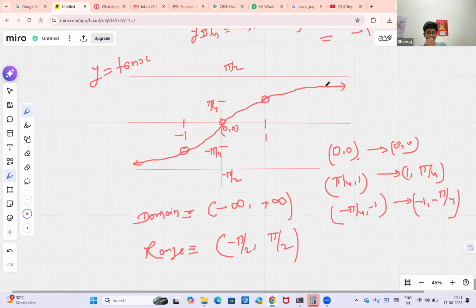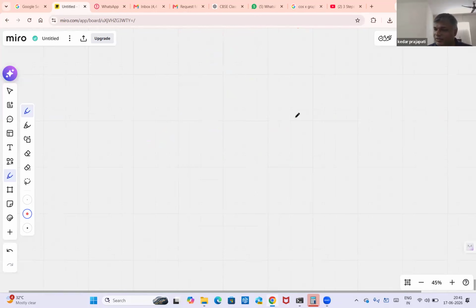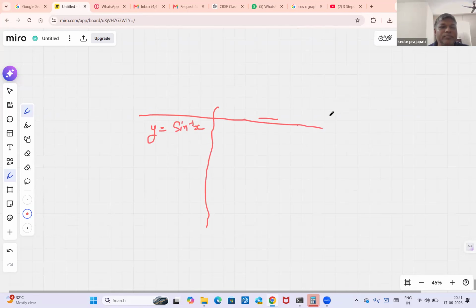Okay. So what did we learn so far? If your function is y equal to sine inverse x, this is my function column, this is domain and range.